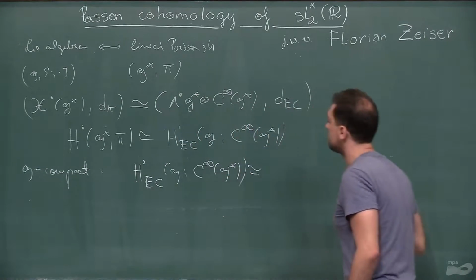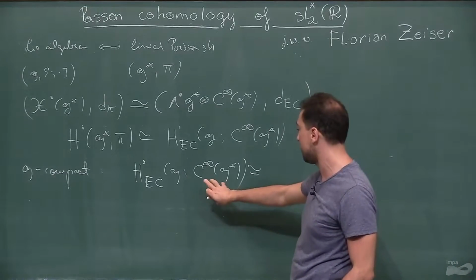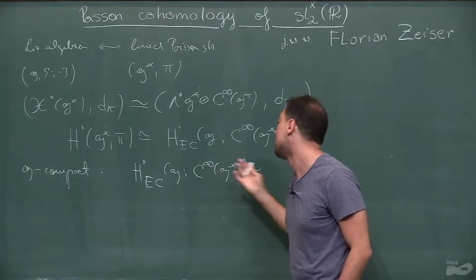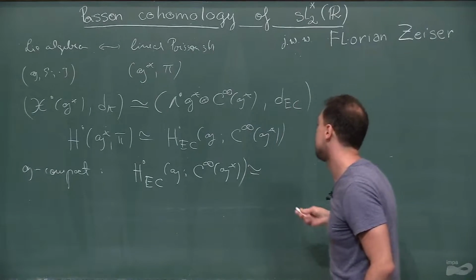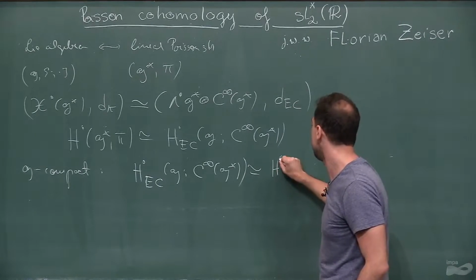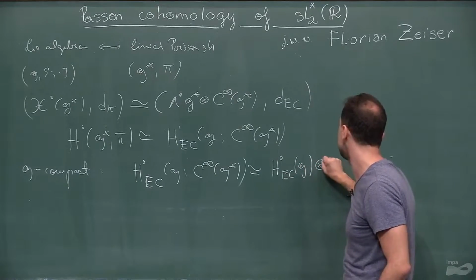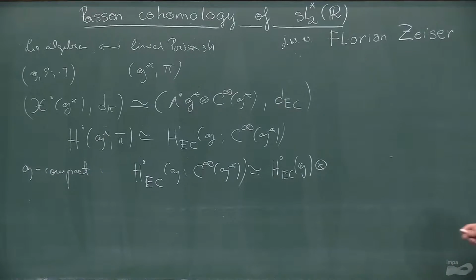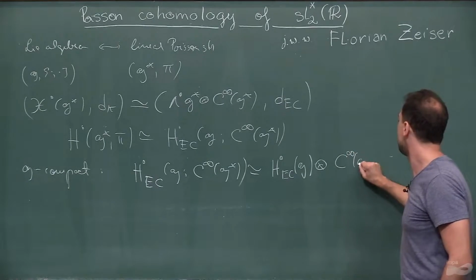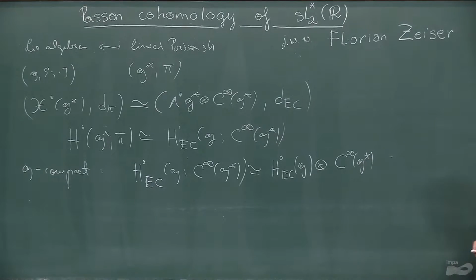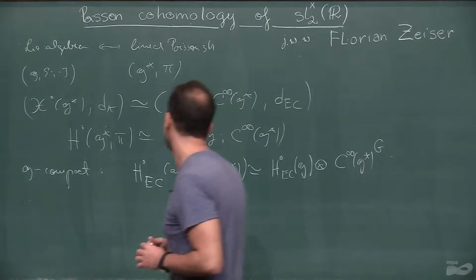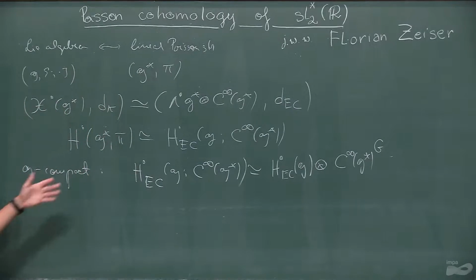This is something which holds, for example, for finite dimensional representations and compact Lie algebras or semi-simple Lie algebras, but in the infinite dimensional case, it only holds for compact ones. So this is the usual cohomology of the Lie algebra tensor the invariant part of the representation, where here G is a compact connected group integrating the Lie algebra. Right, so for such Lie algebras, you do understand this cohomology.